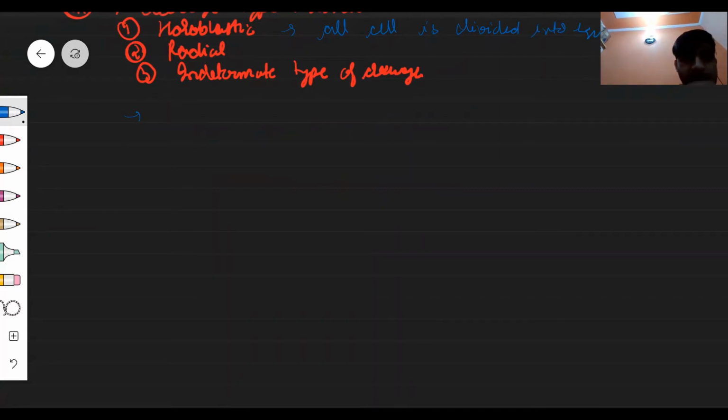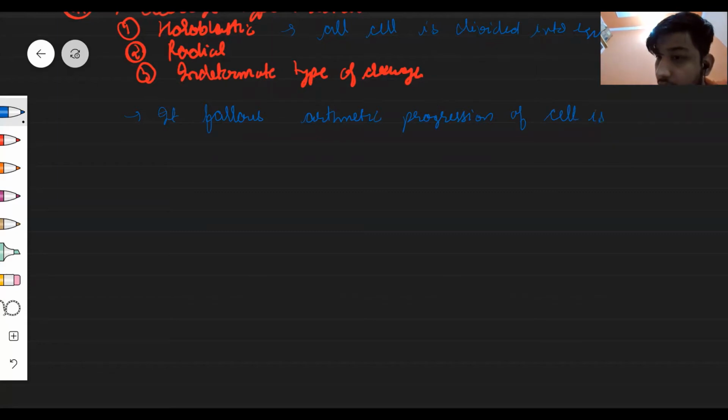From the zygote till the blastula or gastrula, it follows arithmetic progression of cells, not geometrically expanding.